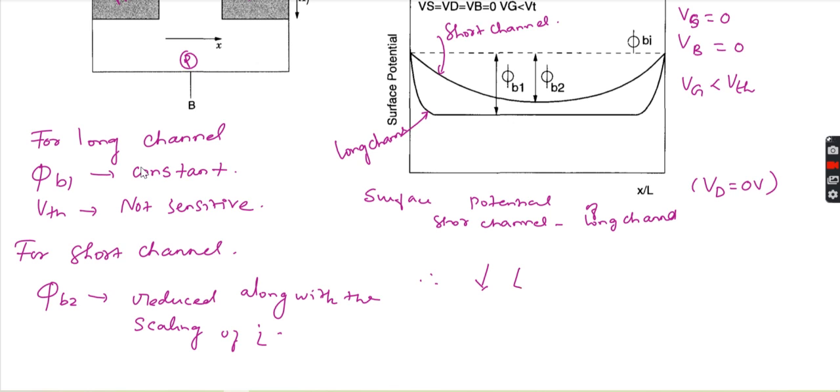So with L less, the threshold voltage also reduces.